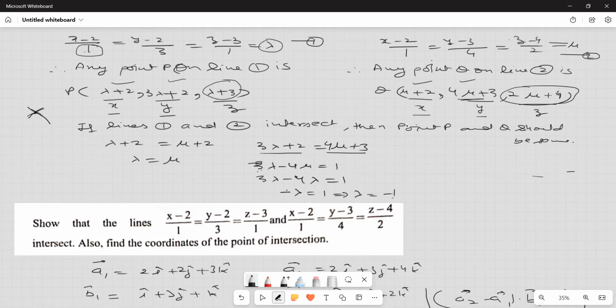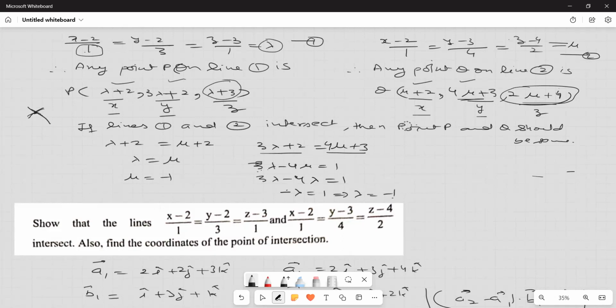If lambda is equal to minus 1, mu is also minus 1. So now put in this third one. So z coordinate of point P, that will be minus 1 plus 3, 2. Let us put over here, 2 into minus 1 plus 4. That is also 2.